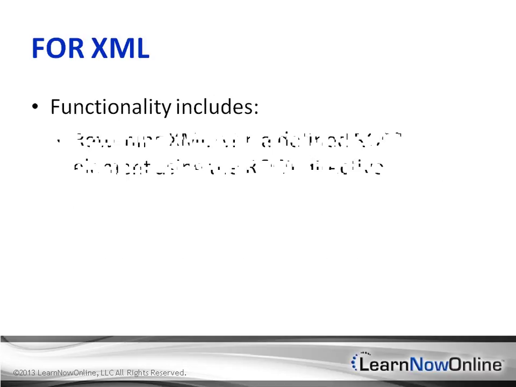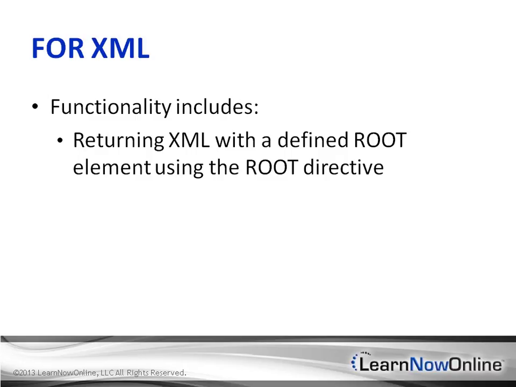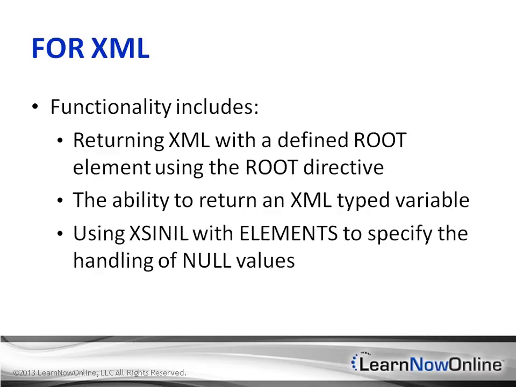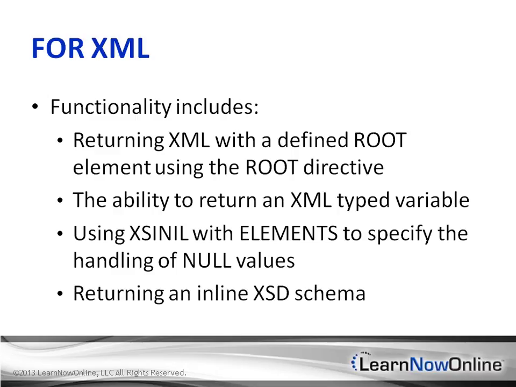Some of those enhancements include returning XML with a defined root, the ability to return an XML-typed variable, being able to handle elements that have null values, and returning an inline XSD schema. So let's go over to SQL Server Management Studio and see how we use this clause.